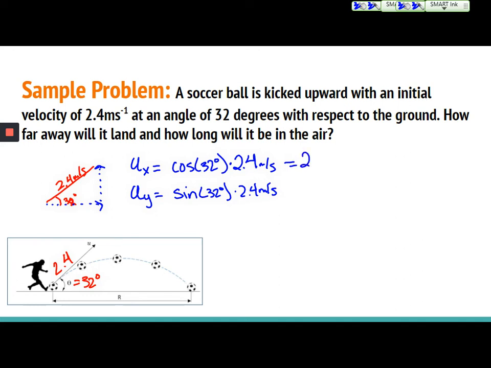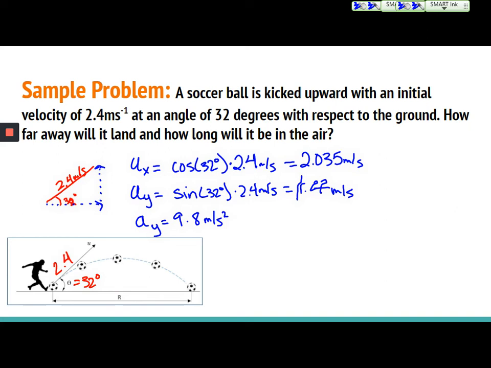Ux is going to be 2.035, again, round later, and uy is 1.27. Sorry for all my bad numbers. And so we can use those and the fact that the only other thing we have is an acceleration in the y of 9.8 meters per second squared.